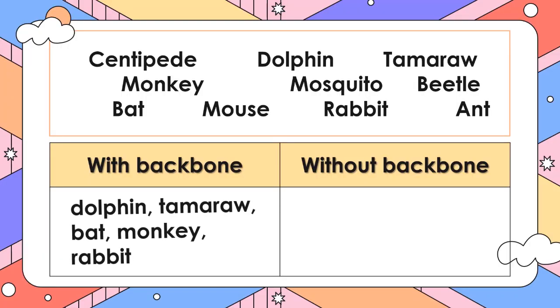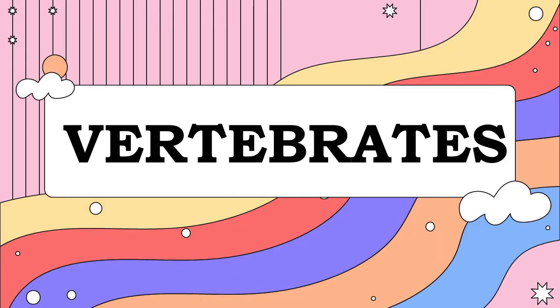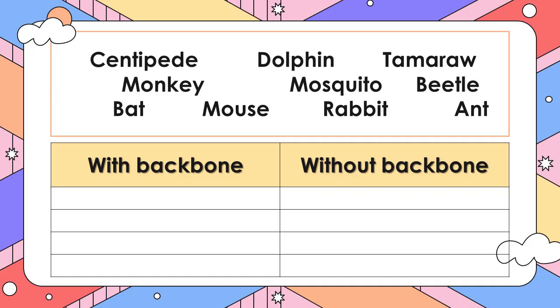Right! These are dolphin, tamaraw, monkey, bat, mouse, and rabbit. What do you call them? Right, vertebrates. Which animals belong to the group of animals without backbone?